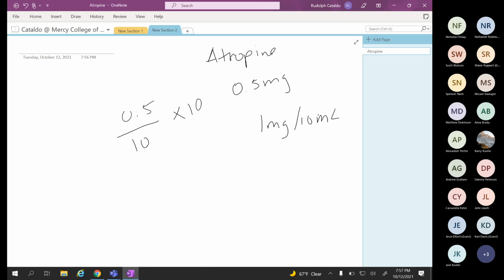So 0.5 divided by 1 is 0.5 times 10 is 5 mLs. Or half of 10, 5 mLs.